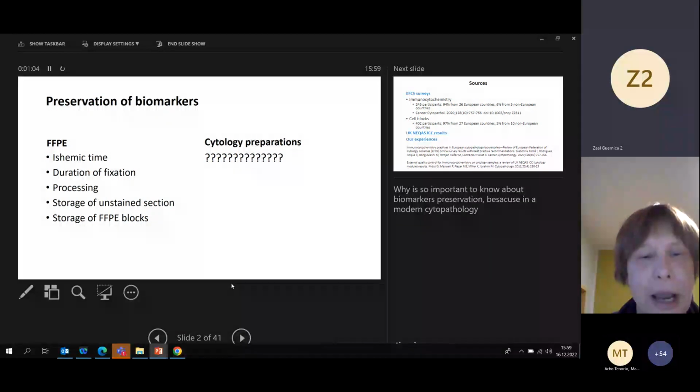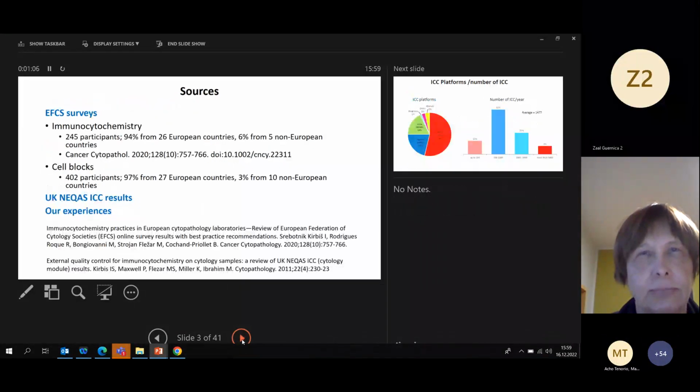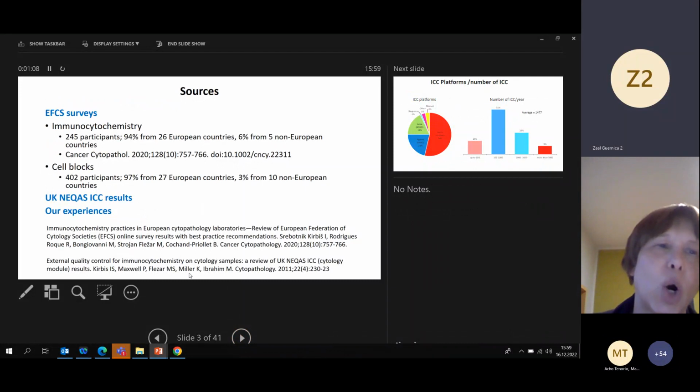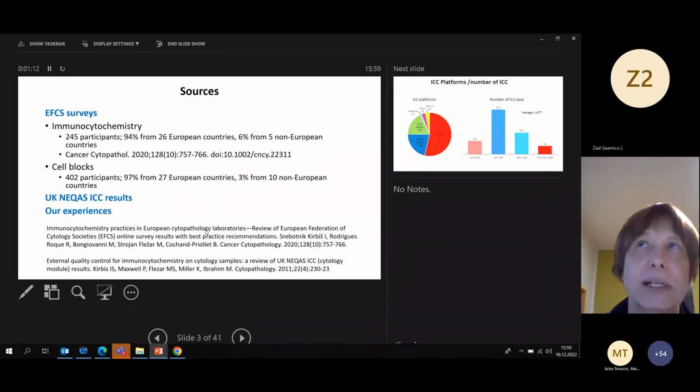So today I will present what we know about biomarker preservation using different ancillary methods, and for this purpose I will use results of two recent surveys performed by the European Federation of Cytology Societies about immunocytochemistry and cell blocks.